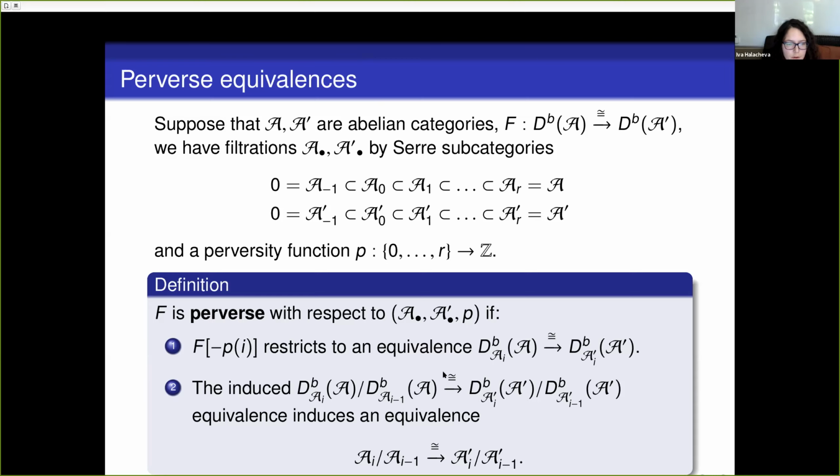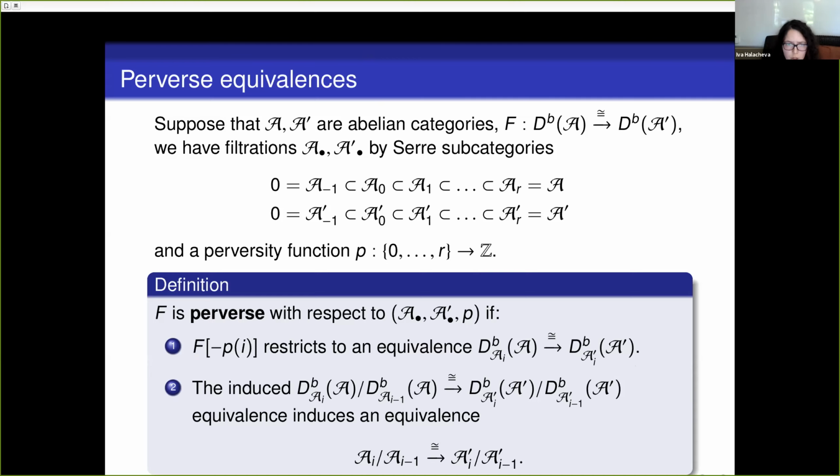So we want F to restrict to an equivalence on these fixed subcategories. And so we also get an equivalence on their quotients. And so we want that also to induce an equivalence on the quotients of the original Serre subcategories of our abelian categories.